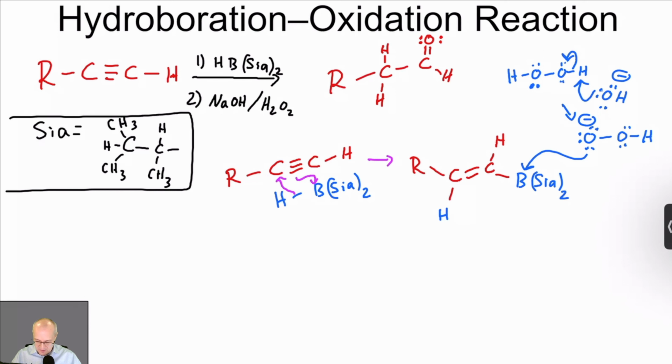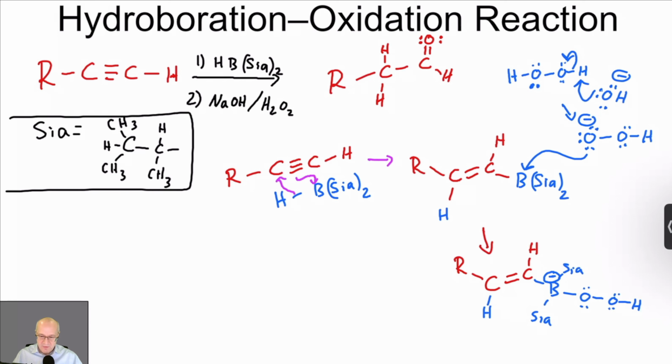And just like in alkene chemistry, at this point we don't have to know the mechanism. There you have it. And that will fall apart to give us our alcohol.